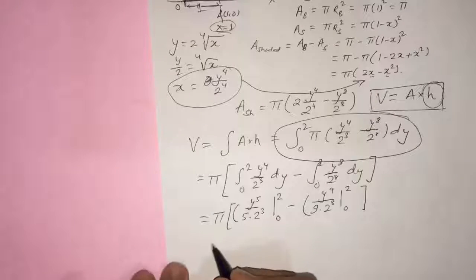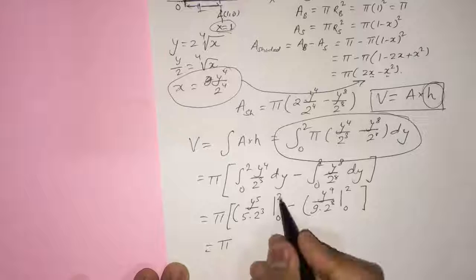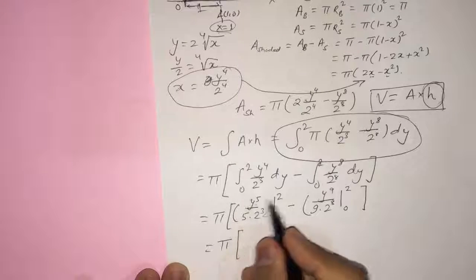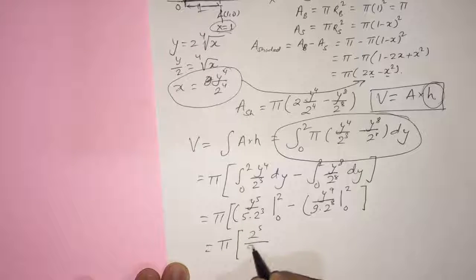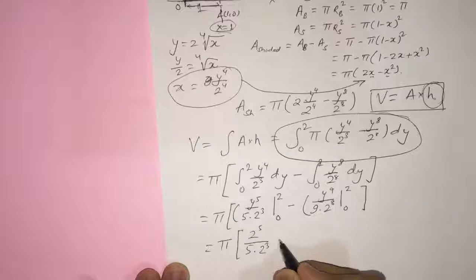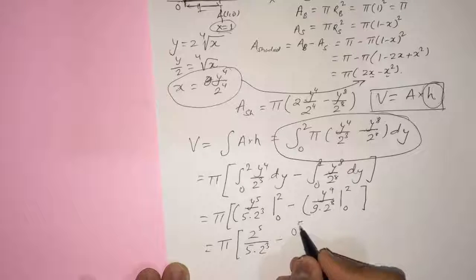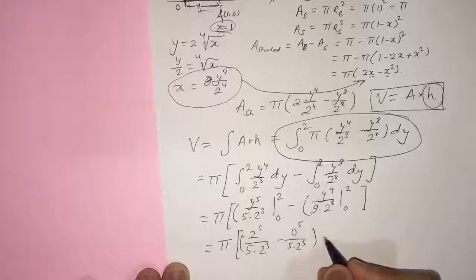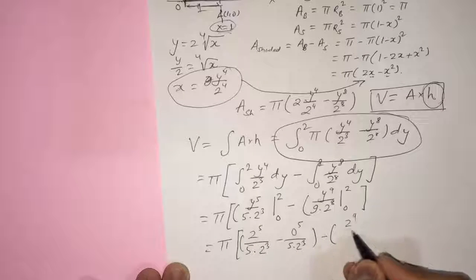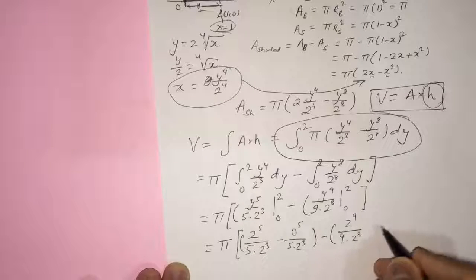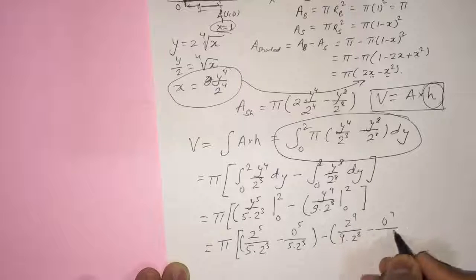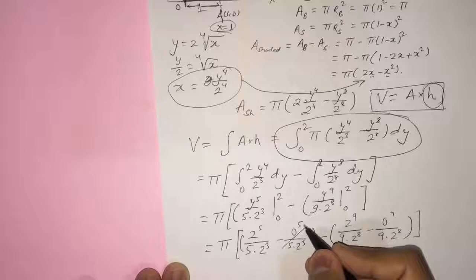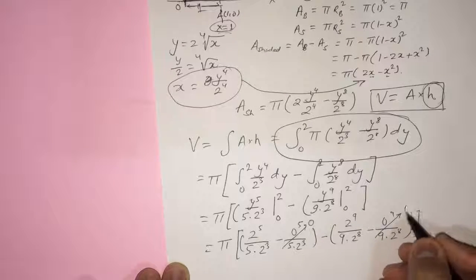So substitute the values of the boundaries. This becomes 2 raised to 5 over 5 times 2 cubed, minus 0 raised to 5 over 5 times 2 cubed. For the other one, 2 raised to 9 over 9 times 2 to 8, minus 0 raised to 9 over 9 times 2 raised to 8. Right? This thing turns to 0, this thing turns to 0.